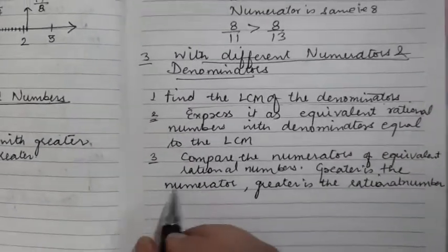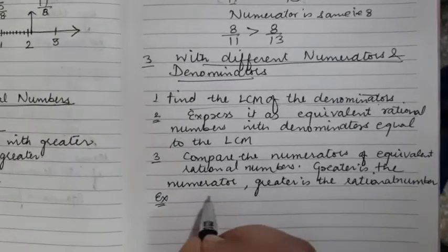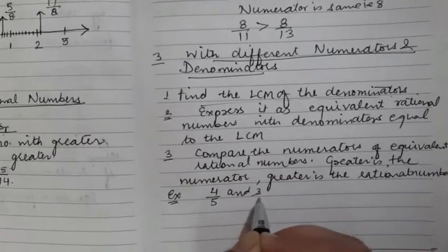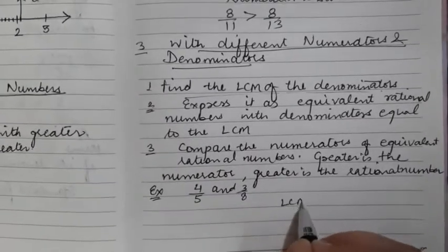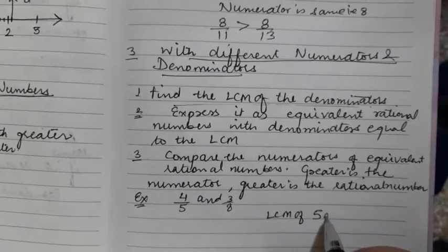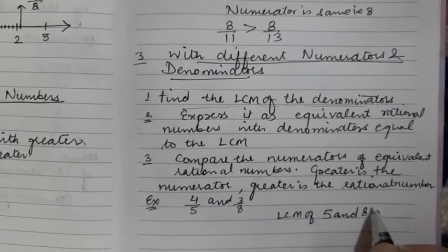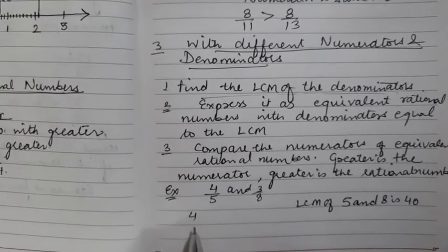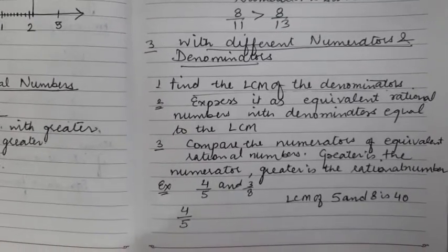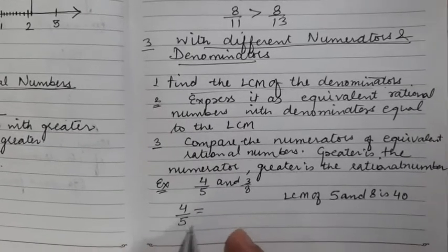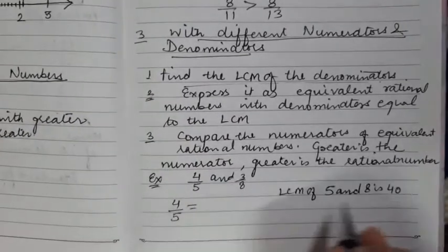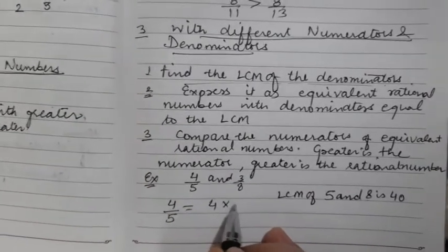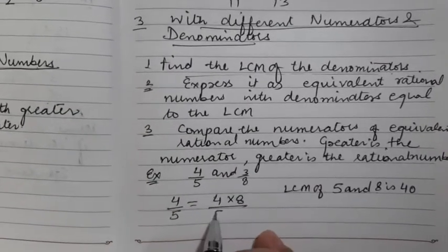For example, we have numbers 4 by 5 and 3 by 8. LCM of 5 and 8 is 40. So first we make denominator equal to LCM. So 5 we have to multiply with 8 to get 40. So 4 into 8 upon 5 into 8.